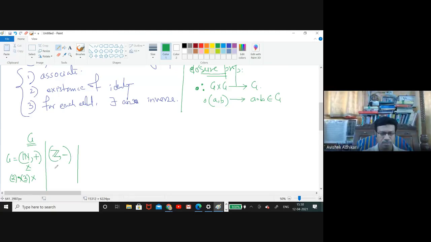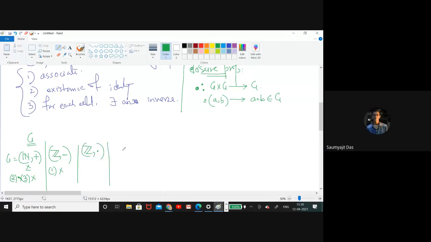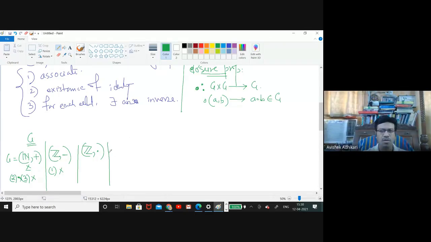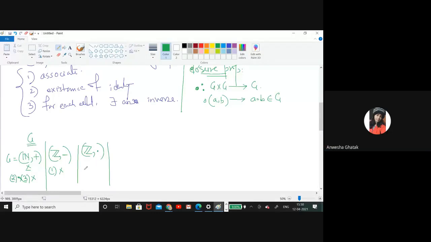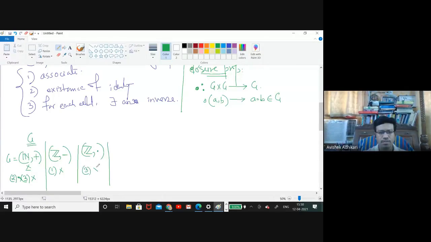Associativity would be a problem, so 1 would be a problem. And if I consider Z with respect to dot, then the inverse of 0 does not exist, or the inverse of 2. So the third property would be a problem.